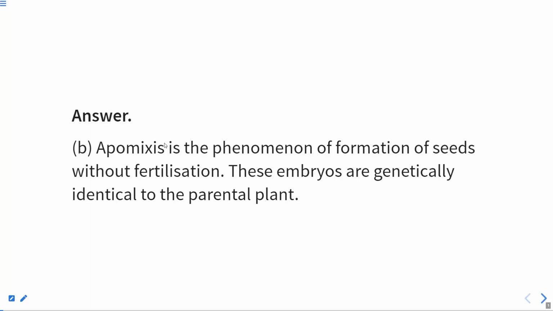Okay, so let's have a look at the answer. Option number B is the correct answer here. So what is apomixis? Apomixis is the phenomenon where seeds are formed without fertilization. And in apomixis, embryos are formed that are genetically identical to the parental plant.